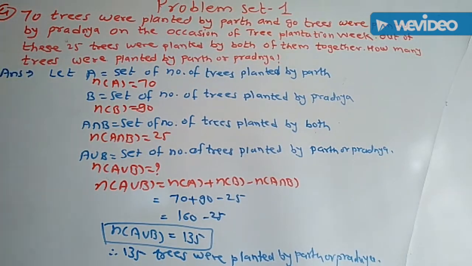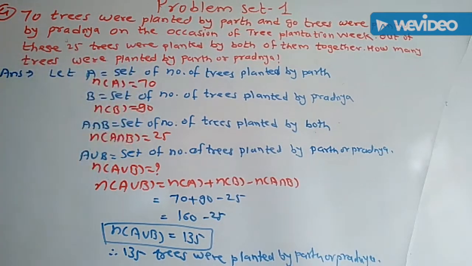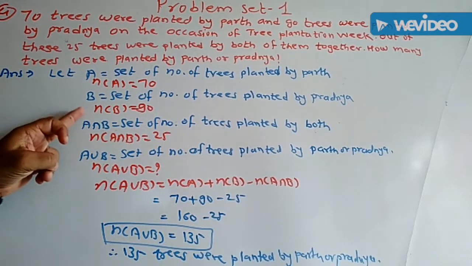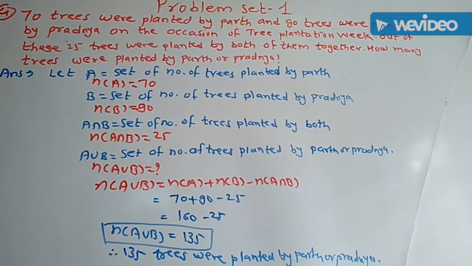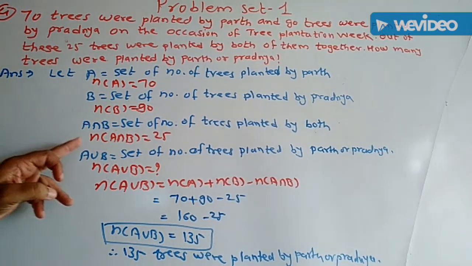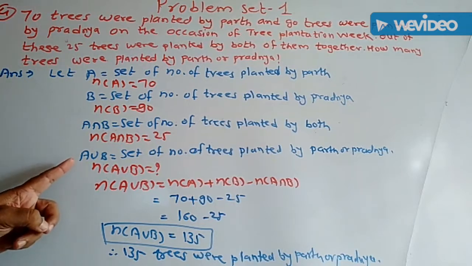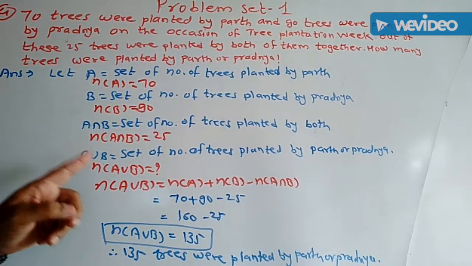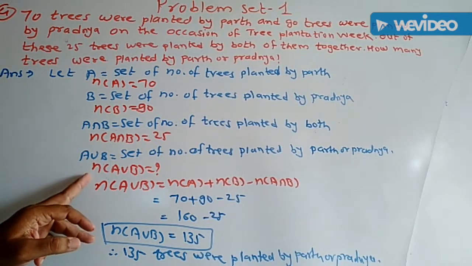We consider A as the set of trees planted by Parth, which is given as 70, therefore number of A is 70. B is the set of trees planted by Pradnya, which is given as 90, therefore number of B is 90. We consider A intersection B as the set of trees planted by both, which is 25, therefore number of A intersection B is 25. A union B is the set of trees planted by Parth or Pradnya, which we have to find.